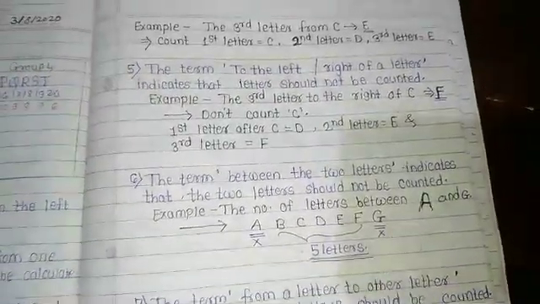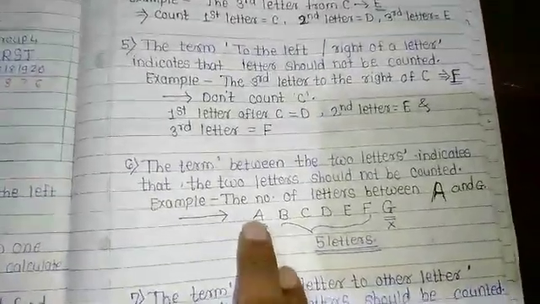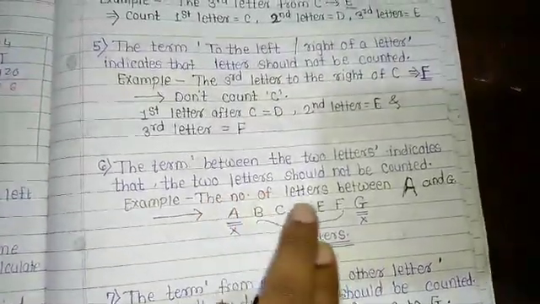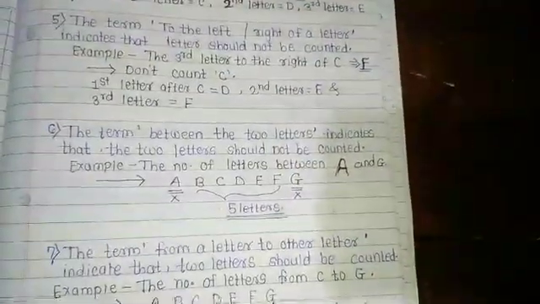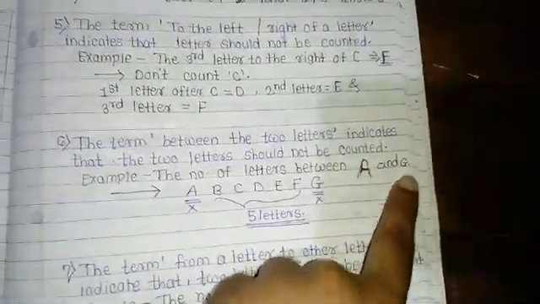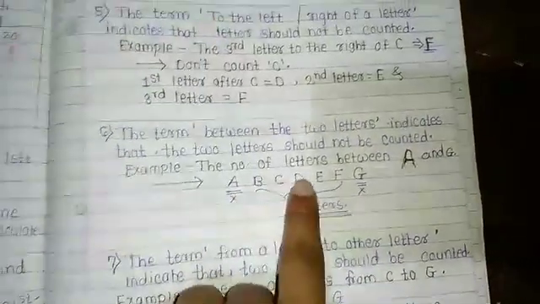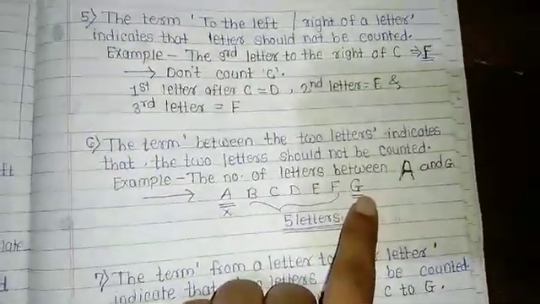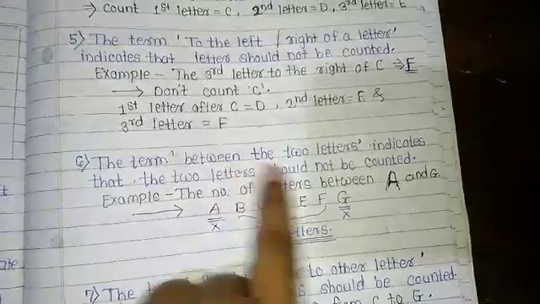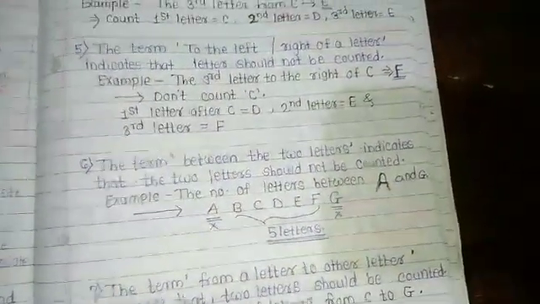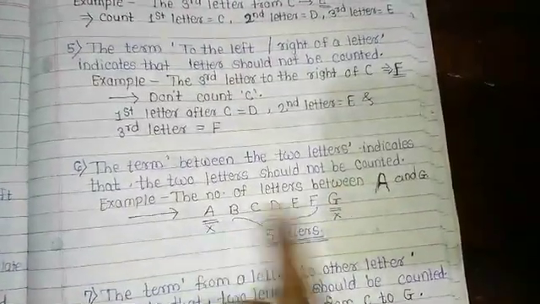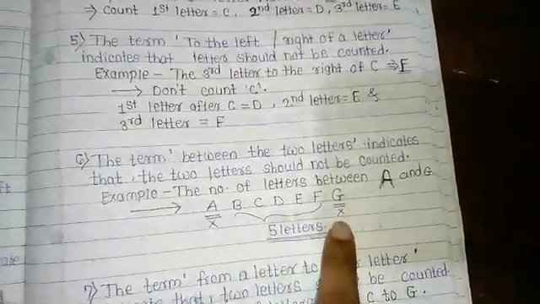Look at the example: the number of letters between A and G. We have to count the number of letters between A and G. We are writing A, B, C, D, E, F, G up to G. Since it is between the two letters, we need not count A and G.